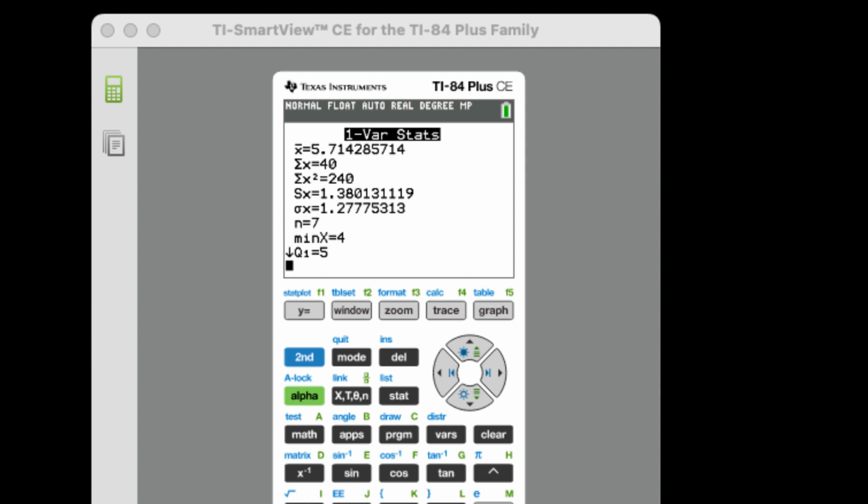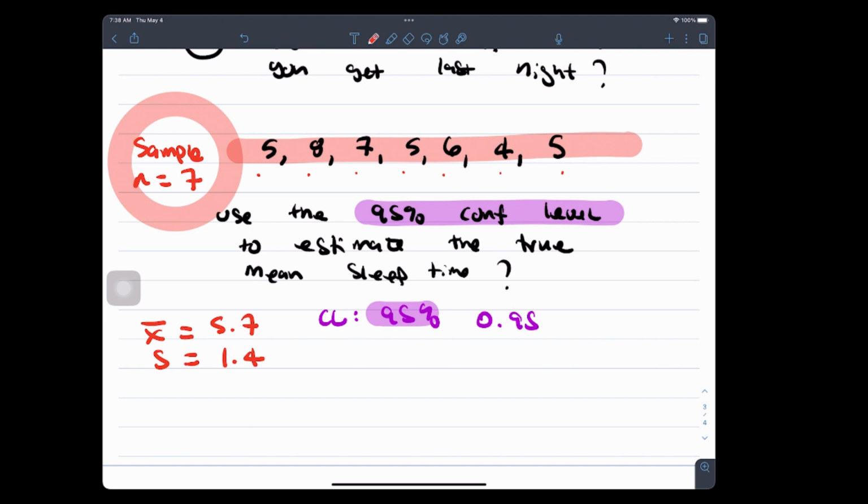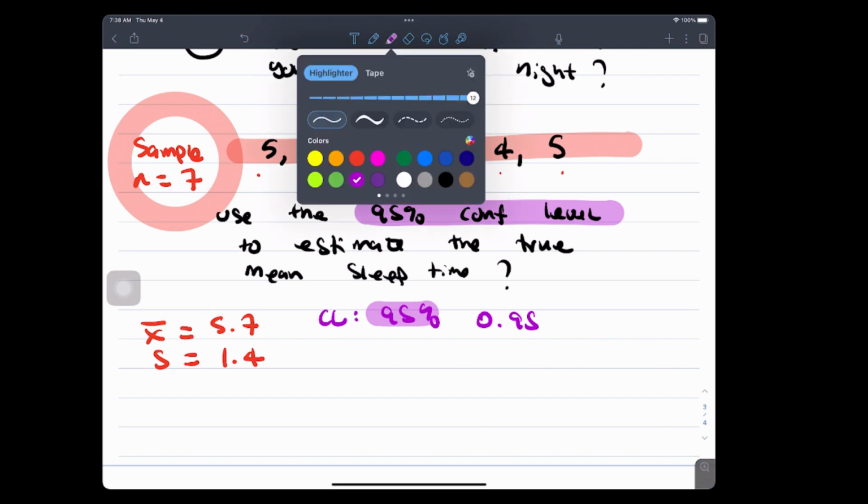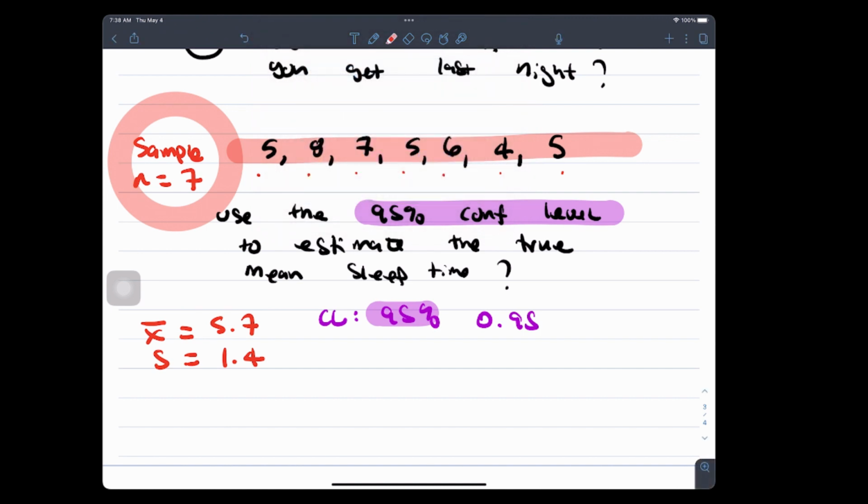So, ladies and gentlemen, you have all the information to use in your TI calculator because this is a small sample. What does the TI say to use? T what?